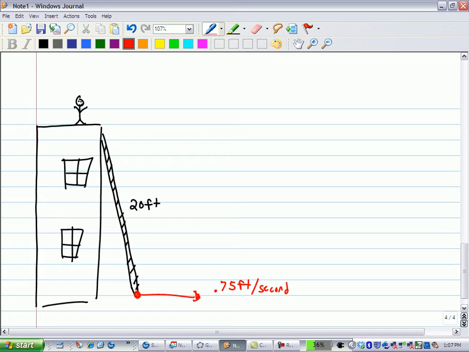Now, it seems pretty insignificant right now. You're going, yeah, you have time to react. It seems pretty slow. But now let's say the top of the ladder. What's the top of the ladder do if the bottom is sliding out? Okay, it's going down.